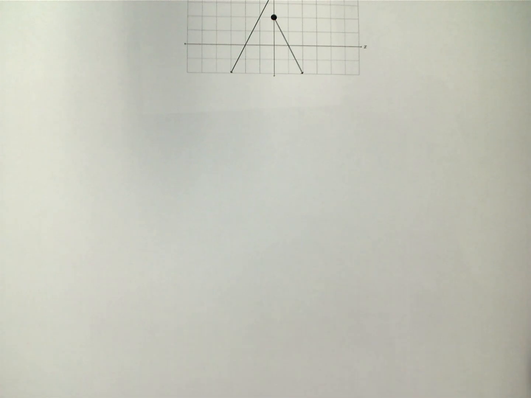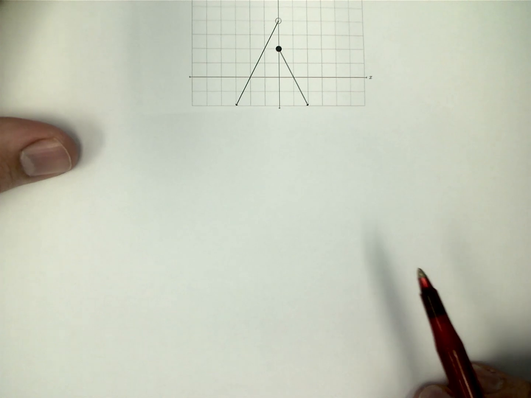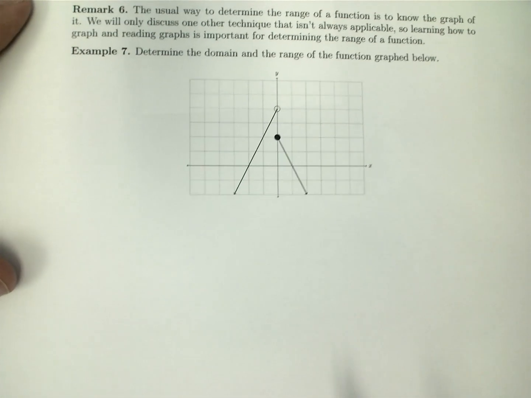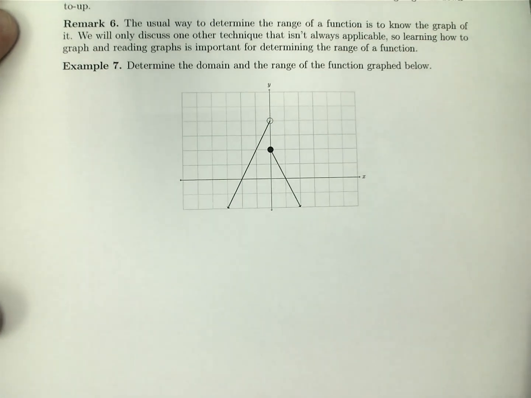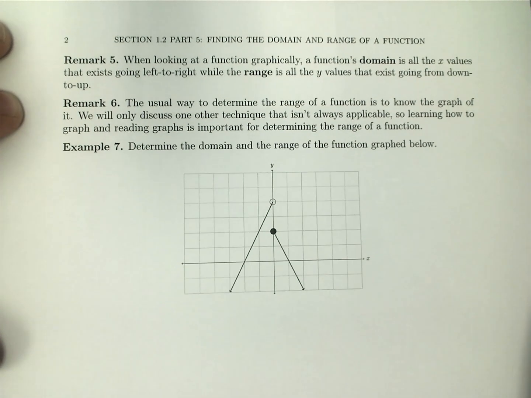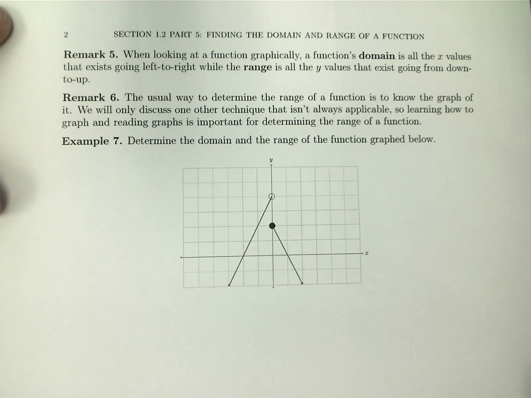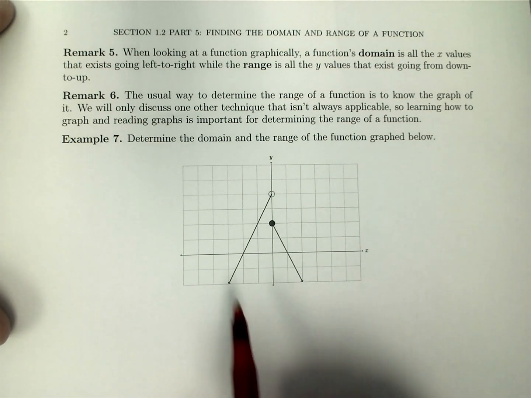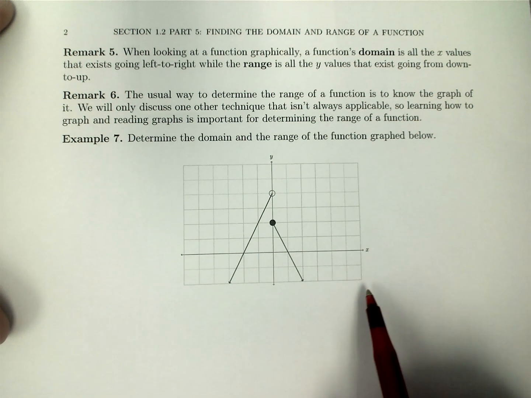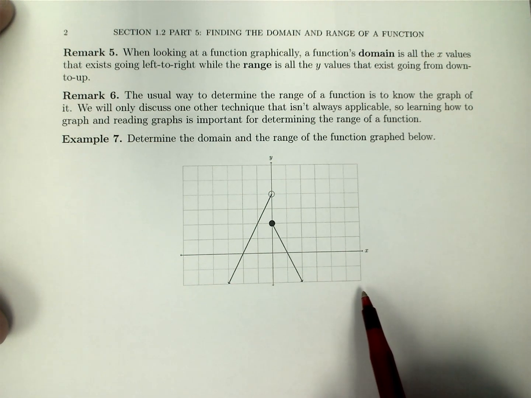So another way we can talk about domain and range is by looking at the graph of a function, specifically the domain, and we'll talk about range in a second. If you have a graph, all you're really trying to do is see how far left to how far right the graph goes.